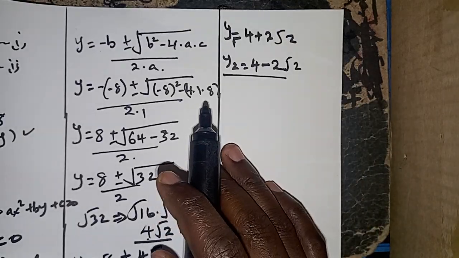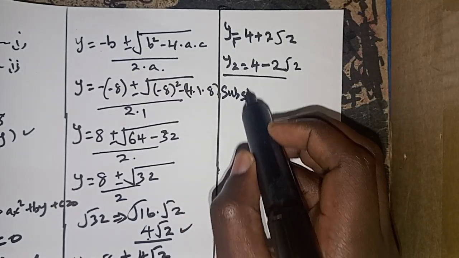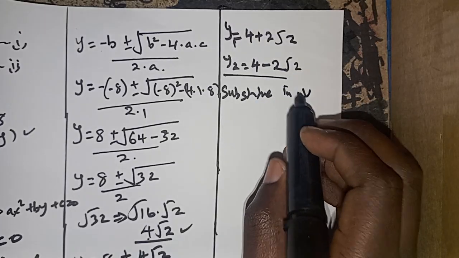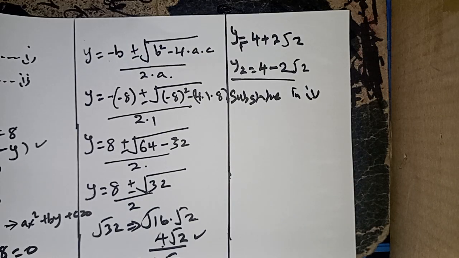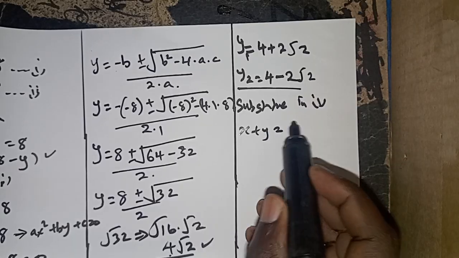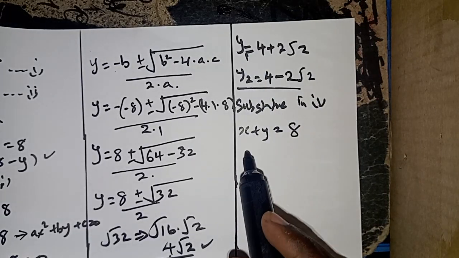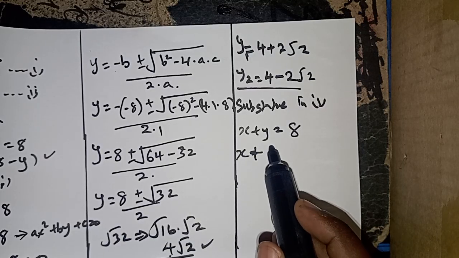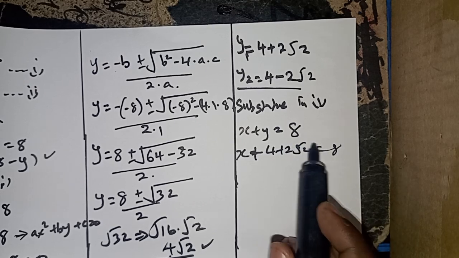So at that stage, for me to get the value of x, I shall substitute again. Substitute the y's in equation 1. And remember, my first equation was x plus y is equal to 8. So wherever I have y, I want to substitute it here so that x plus 4 plus 2 root 2 is equal to 8.